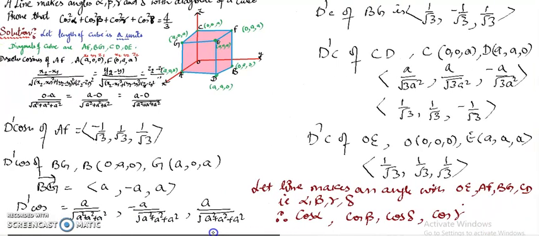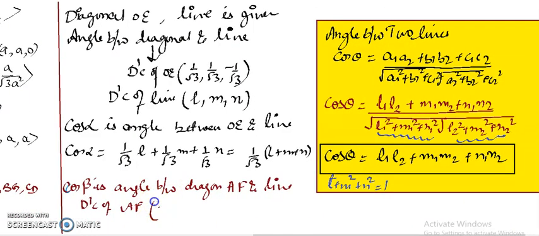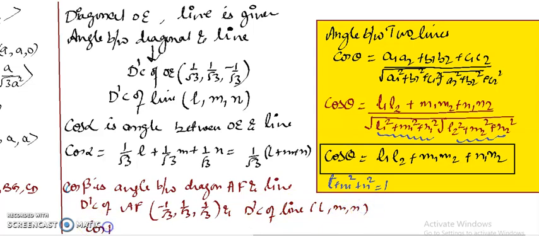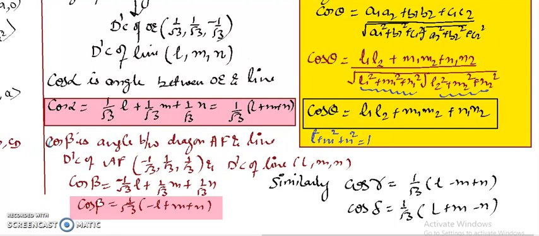It is minus 1 by root 3, 1 by root 3 and 1 by root 3, and the DC of the line is L, M, N. So cos beta is minus 1 by root 3 L plus 1 by root 3 M plus 1 by root 3 N. So you get 1 by root 3 common, minus L plus M plus N. Similarly, we will write the other two angles between the diagonals and the line, cos gamma and cos delta.